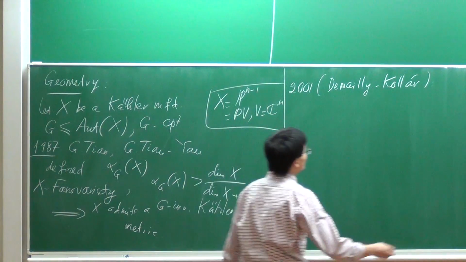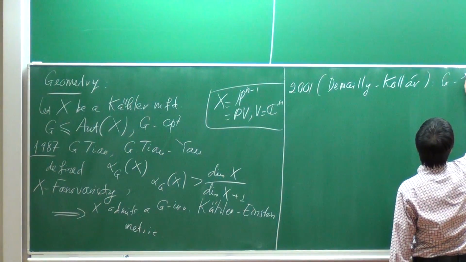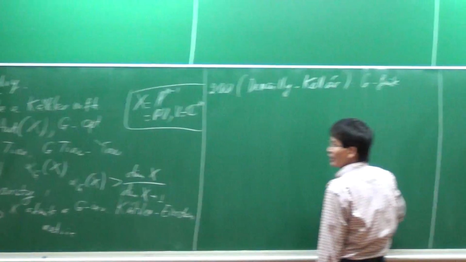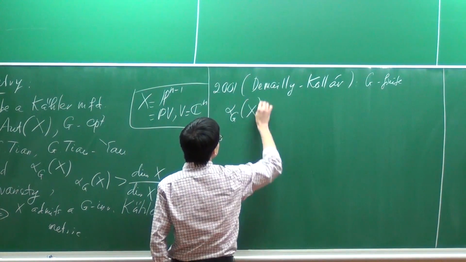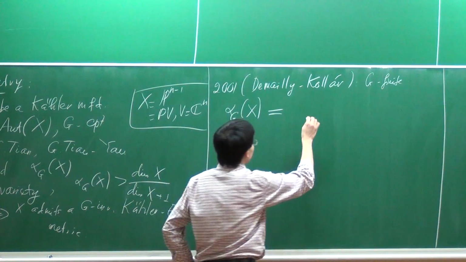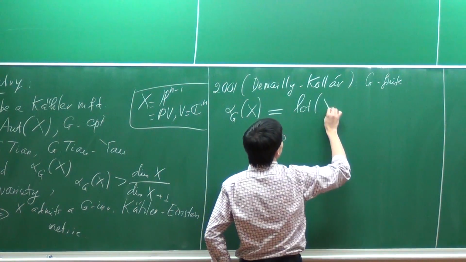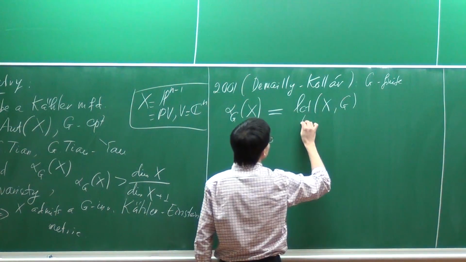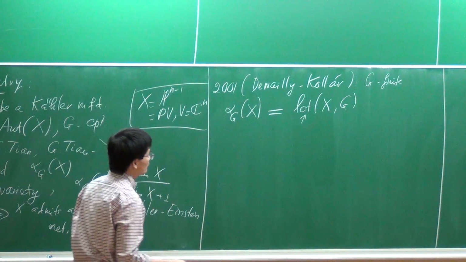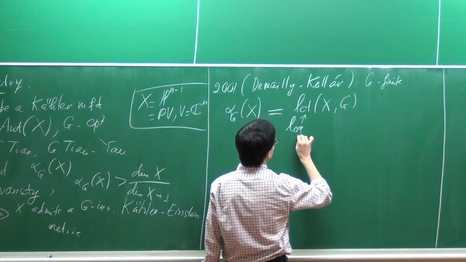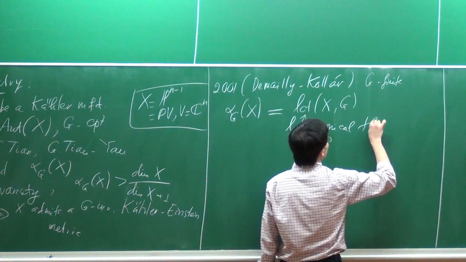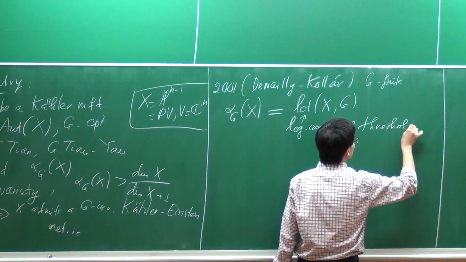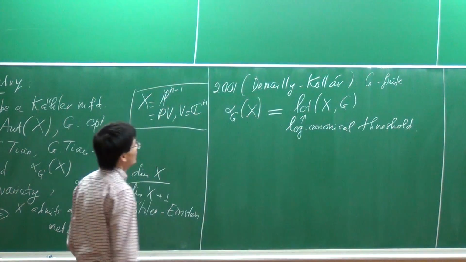So they show that if your G is finite and X is Fano like before, then this alpha invariant of X is also equal to something that is lct, the so-called log canonical threshold.